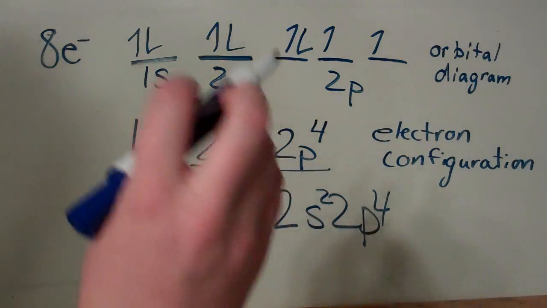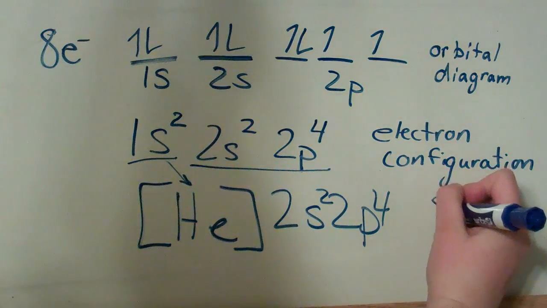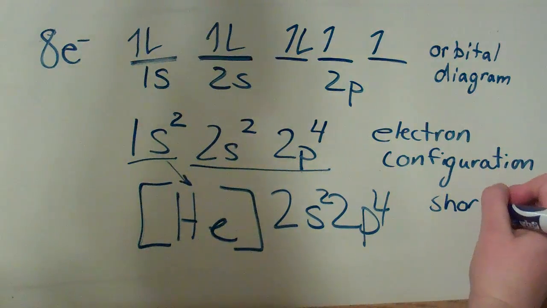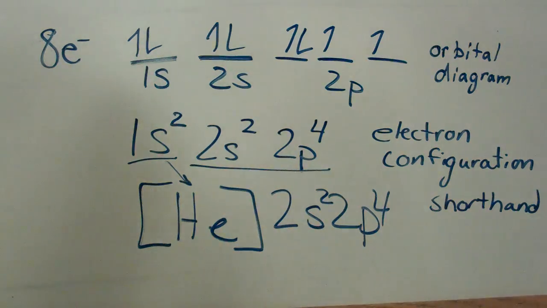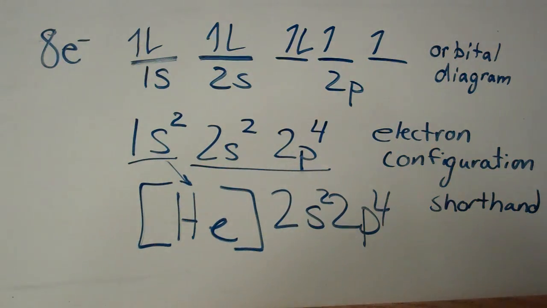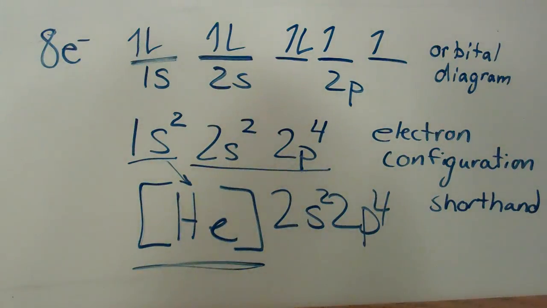So you've got your orbital diagram, your electron configuration, and your shorthand. This is what you're going to do for the worksheet. You're going to figure out what noble gas goes in the shorthand, and then write down everything that comes after the noble gas.